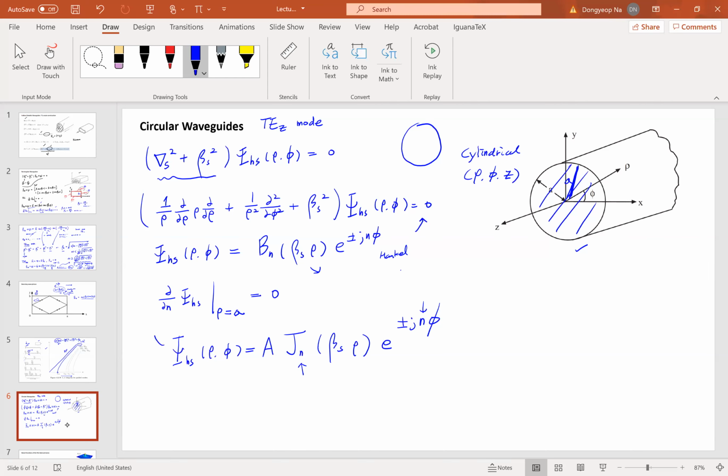So if we apply this boundary condition, then the derivative of this Bessel function when rho is equal to a should be 0. Then if we make sure the argument of the derivative Bessel function is such that this whole function value is equal to 0, that's going to be the eigenvalue of this TE mode inside the circular waveguide.